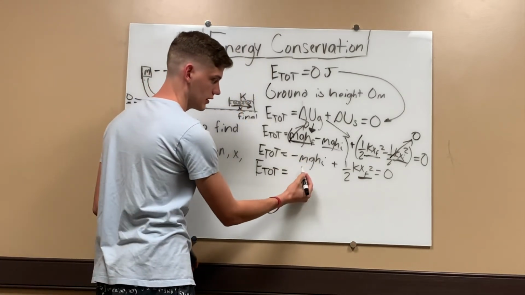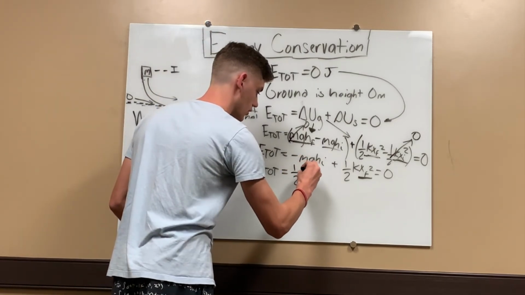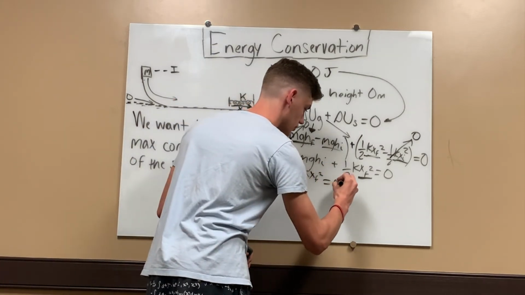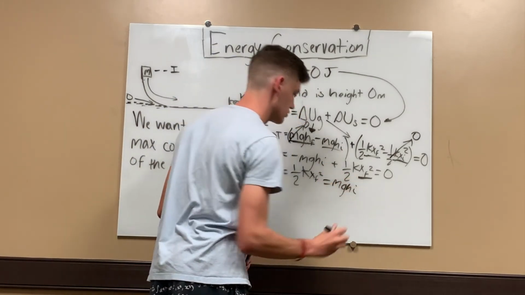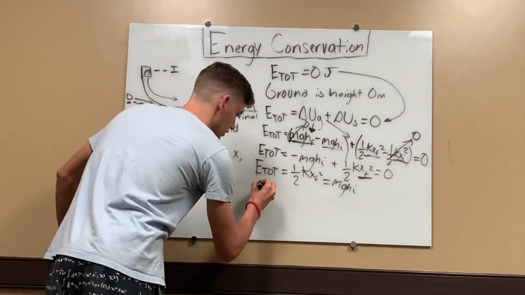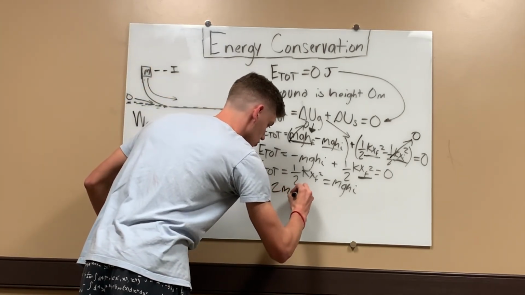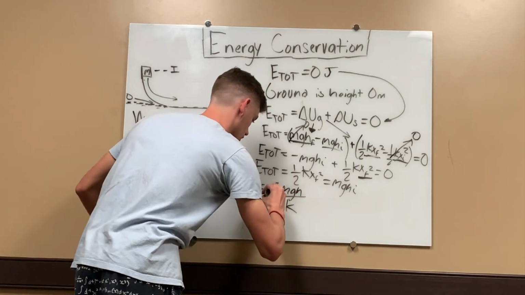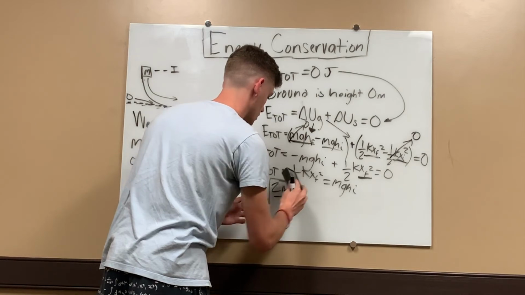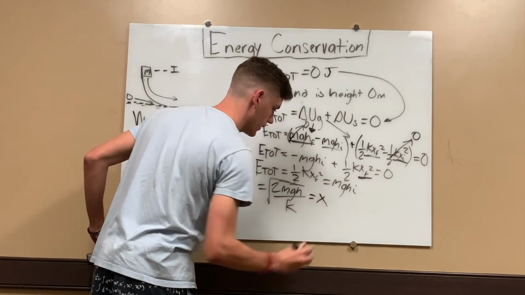All I'm going to do here is add mgh initial to both sides so that we get 1/2 kx final squared equals mgh initial. Doing some algebra, you end up with the square root of 2mgh over k, which equals your max compression x.